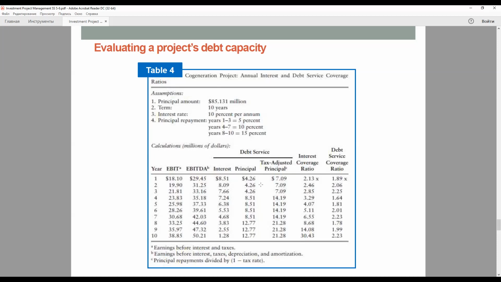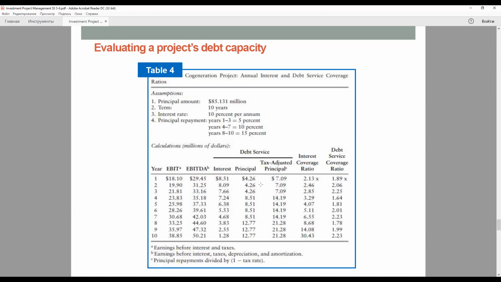The cogeneration company does not plan to rent any equipment, so the fixed charge coverage ratio will be identical to the interest coverage ratio. If, however, the cogeneration company did decide to rent a significant amount of equipment or real estate, then a fixed charge coverage ratio would have to be calculated for each year.